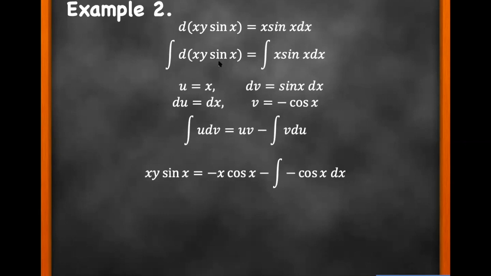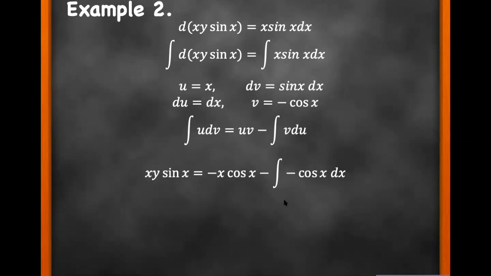Integrating the left member of the equation, we have x y sine of x equal to the result of the integration by parts, which is u times v. So you have x times negative cosine of x, and then minus the integral of v, which is negative cosine of x, times du, which is dx.